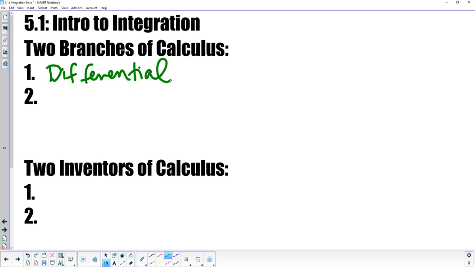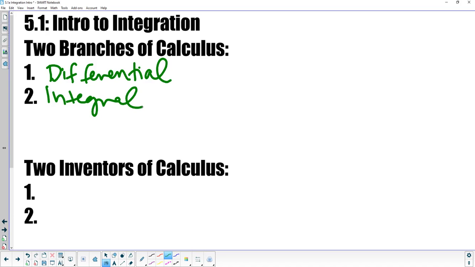The second branch is what we're starting today, and that is called integral calculus. Differential calculus, do you remember what question it answers? How fast? Integral calculus answers the question, how much? And in about 2 weeks, we'll see how the two are actually very much related.